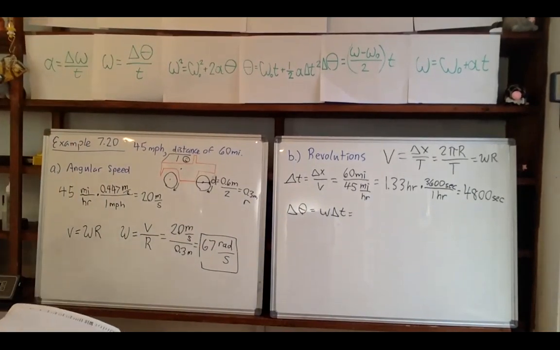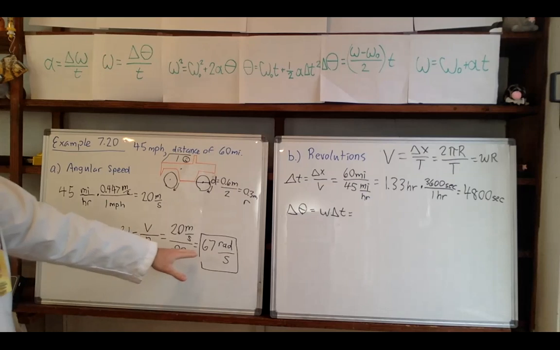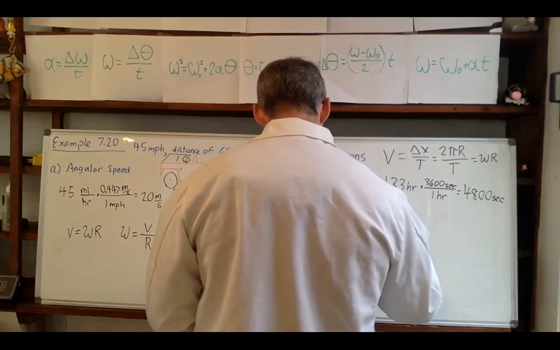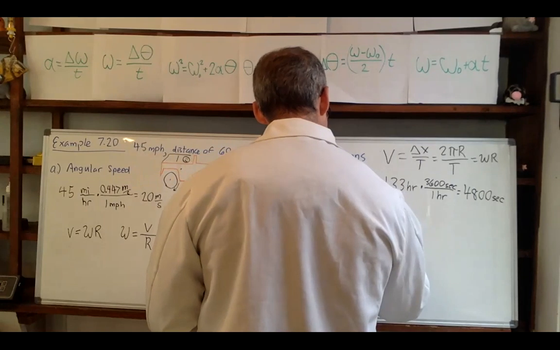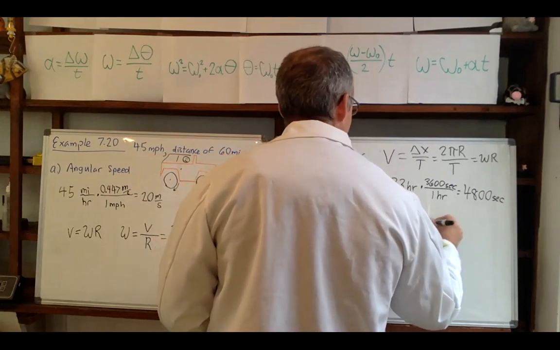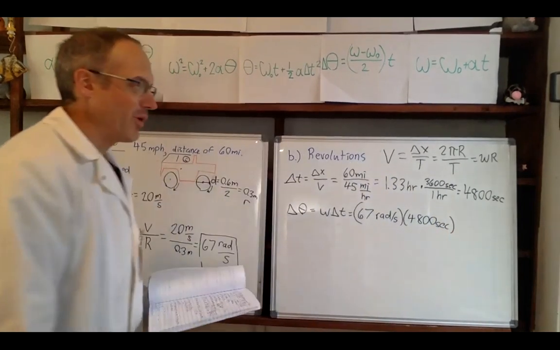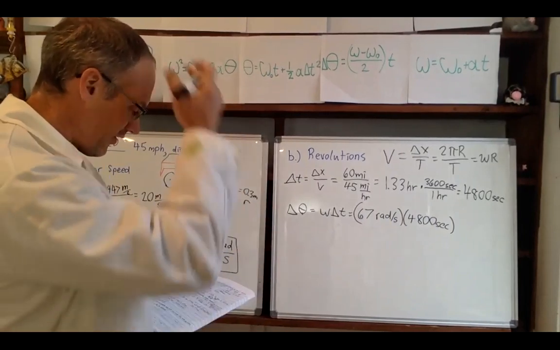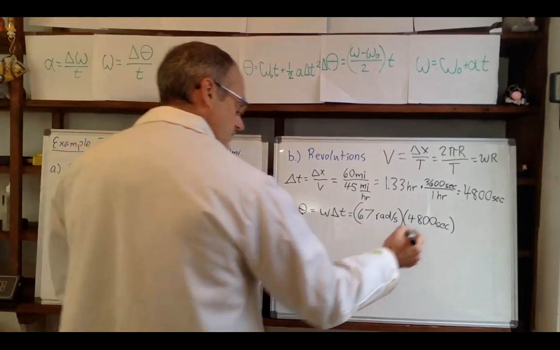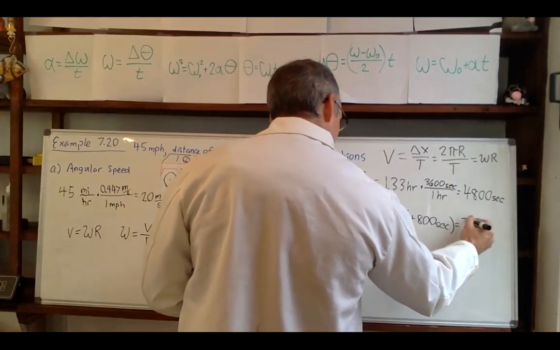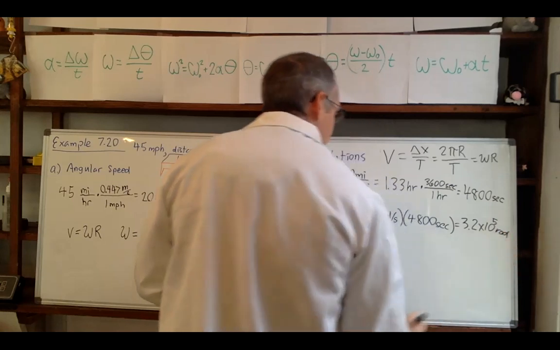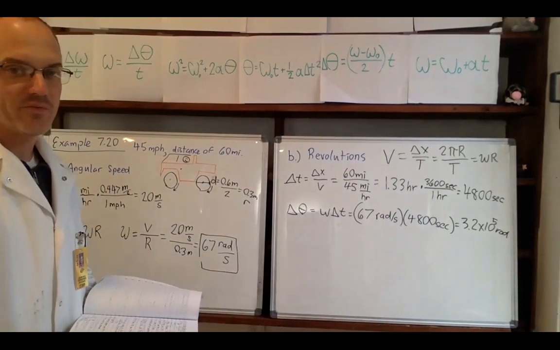We already calculated our w over here at 67 radians per second, so we can multiply that by the 4,800 seconds, and we see that we have moved 3.2 times 10 to the 5th radians total for that trip.